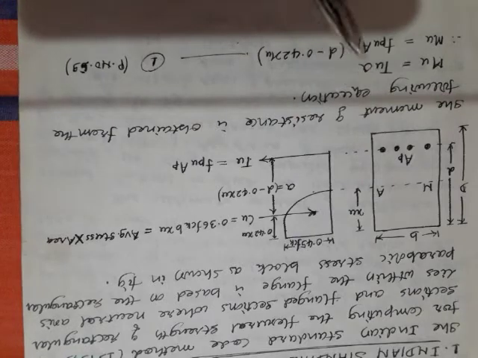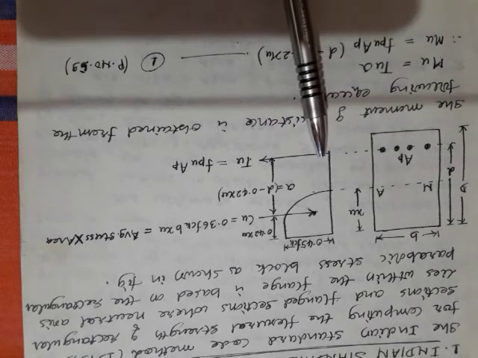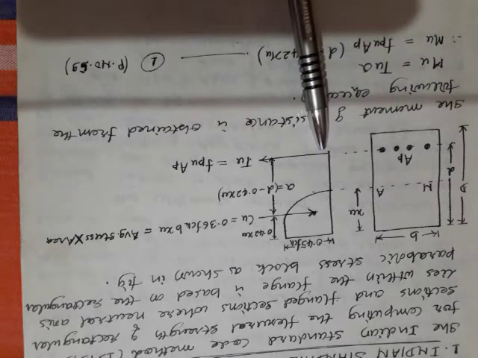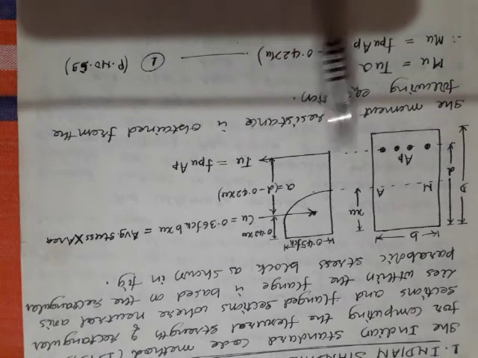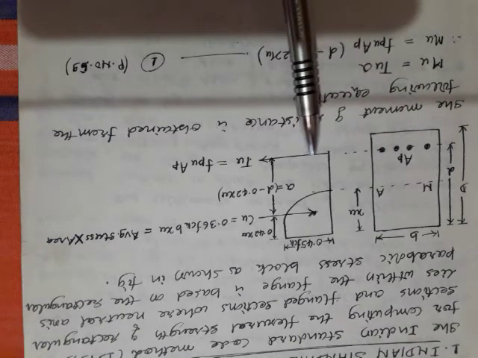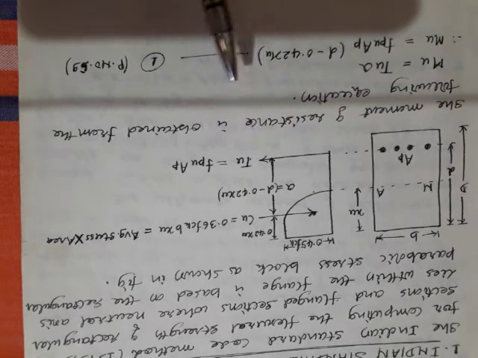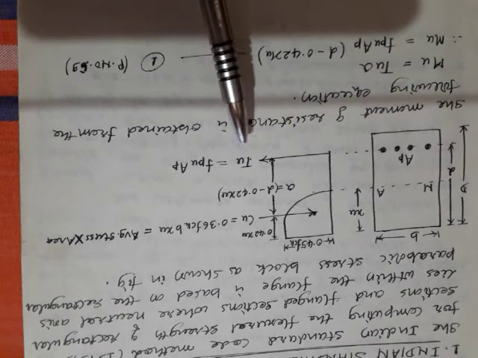At the center of this pre-stressing steel, there occurs an ultimate tensile force TU, because these cables are under tension. The tensile force is marked in this direction, and we call it TU.